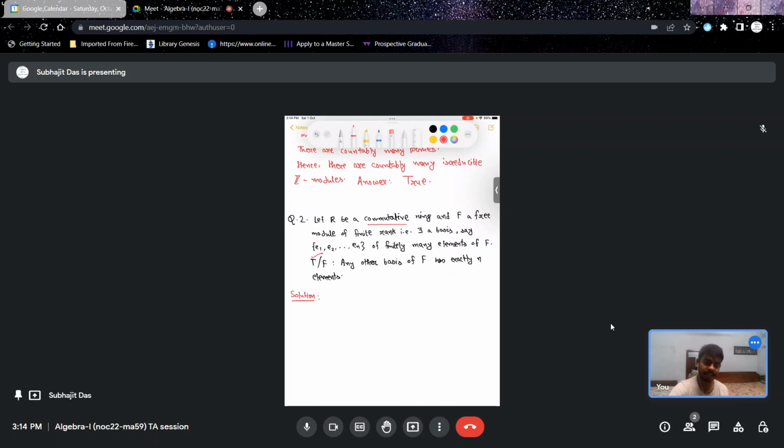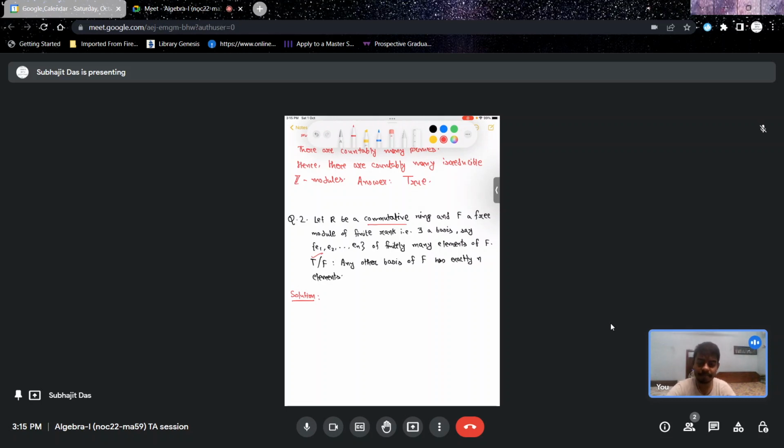Okay, and since the original module over the original commutative ring has a basis of n elements, we want to show that the original basis gets transformed into a basis for the vector space over the base field which has exactly n elements. So we started with a basis of n elements for our module and we obtained a basis of n elements for our vector space, right?